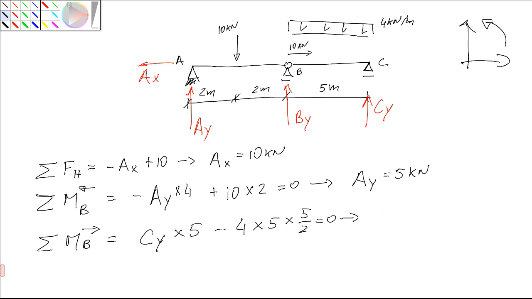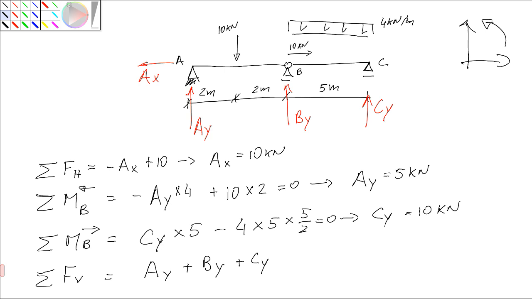So this results in CY equal to 10 kilonewtons. If we now do sum of vertical forces, we get AY plus BY plus CY minus this concentrated force 10 minus the distributed force, 4 times 5, equal to 0. This gives BY equal to 15 kilonewtons.